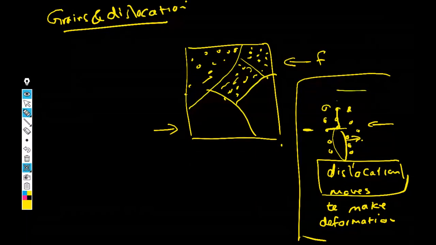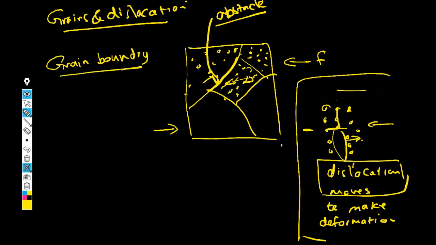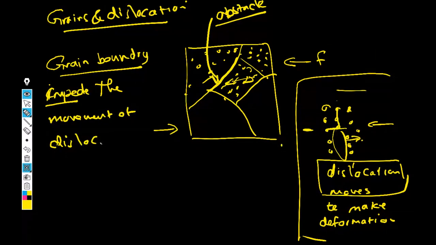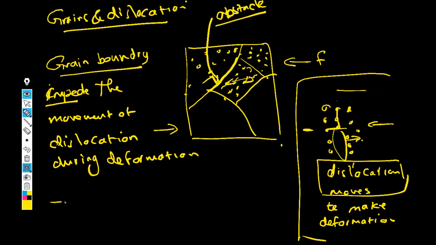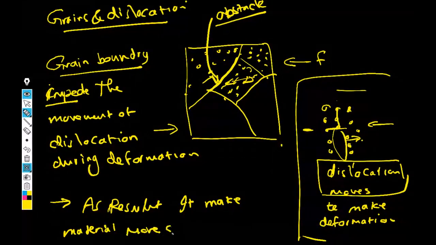When you apply the force, the dislocation is supposed to move inside the grain. But when it reaches the grain boundary, it acts as an obstacle for it. So this is an obstacle. Here I can get a conclusion: the grain boundary impedes the movement of dislocation during deformation, and as a result it makes the material stronger.